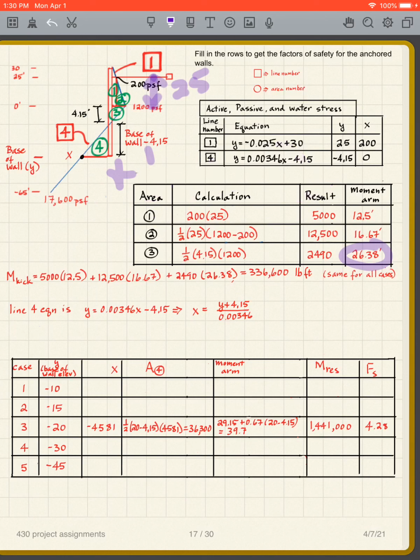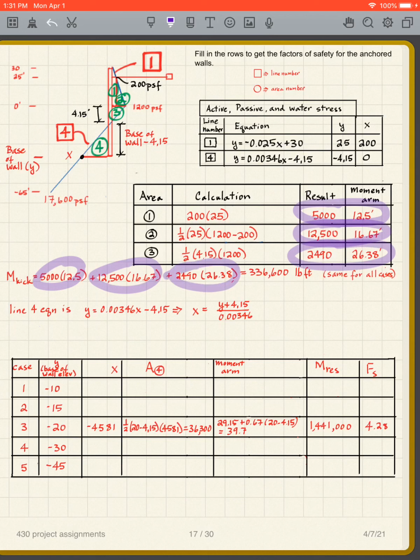I have the areas, so I can get the resistance, the kick out moment for that portion, which is going to be 5,000 times 12.5 plus 12,500 times 16.67 plus 2490 times 26.38.